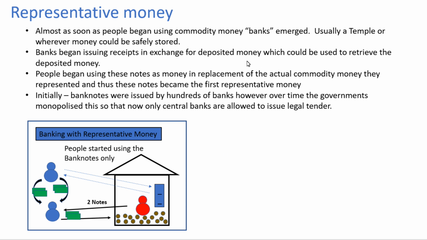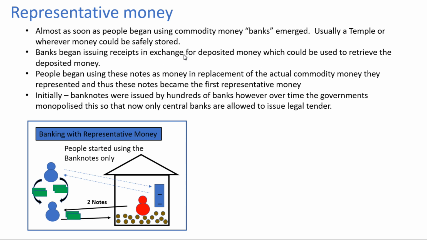So you could have a banknote for £5, and then you should be able to exchange that for £5 of silver, for example, at the bank. So that's why it's called representative money, because although you're exchanging just banknotes, those notes are representative of actual commodity money stored at the bank.